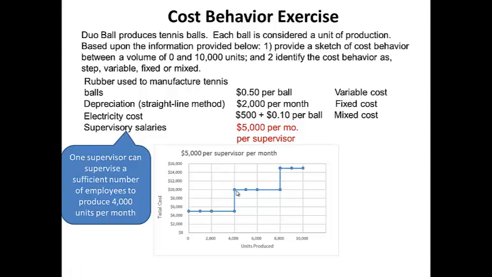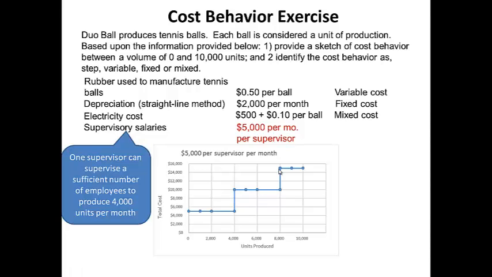So now we have 2 supervisors between the volumes of 4,000 and 8,000 units, and 2 supervisors times 5,000 each equals $10,000. When we reach 8,000 units, we reach the next plateau where we need to hire another supervisor to supervise the workers that are going to produce the additional volume beyond 8,000. So we have a third supervisor.